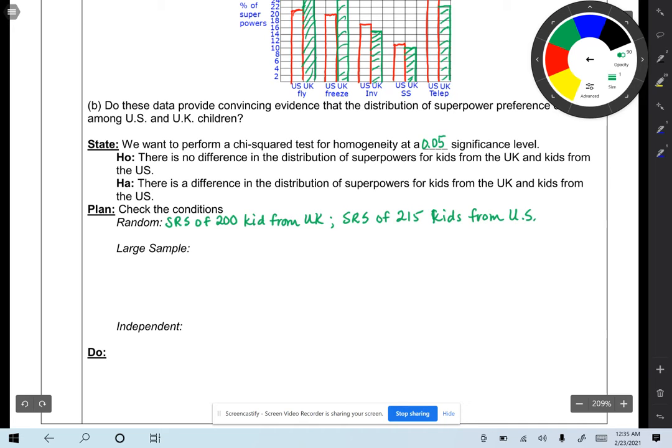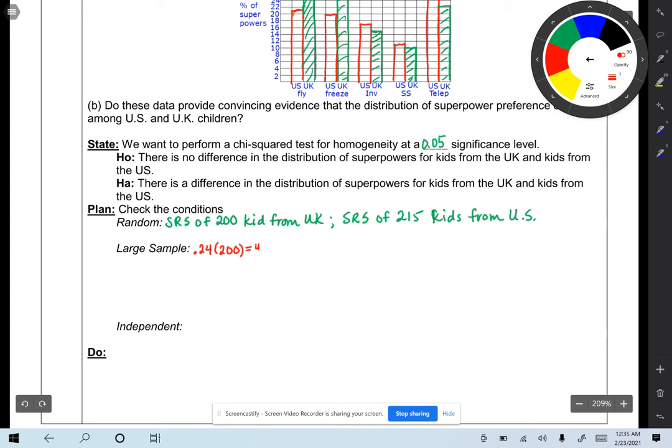Okay, so for the large sample condition, this is what I mean that you have to list every single one, even if they're the same. They're obviously not going to be the same for this one. So take each of those proportions. So for fly, you would take the 0.24 and you would multiply by 200. So we're going to do UK in one column, and then we'll do US in the other.